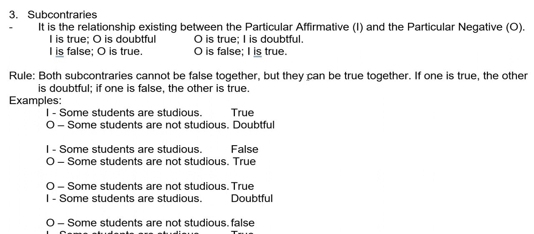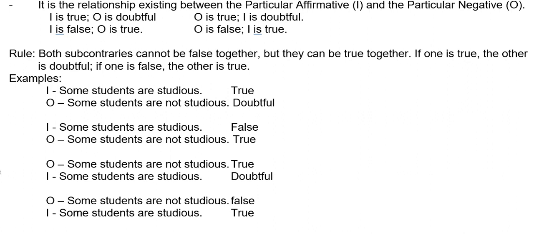But if O is true, some students are not studious, I proposition some students are studious is doubtful. If O is false, some students are not studious, then I is true, some students are studious. So always remember that under this, they cannot be both false, but they can be both true.